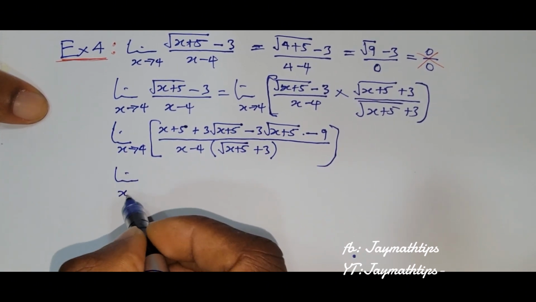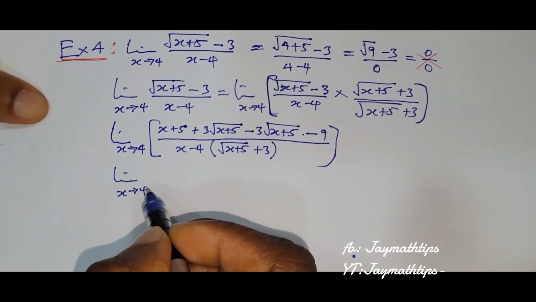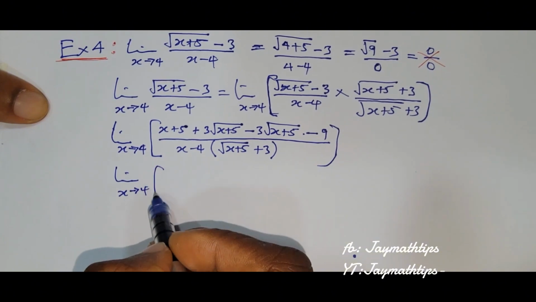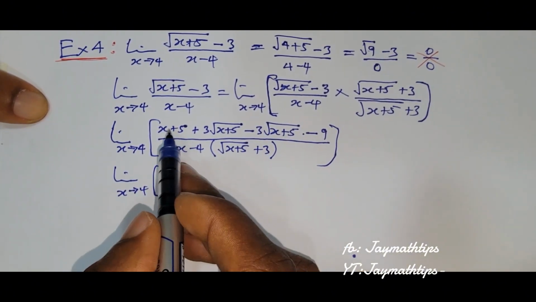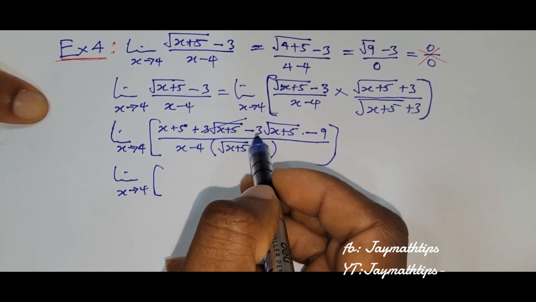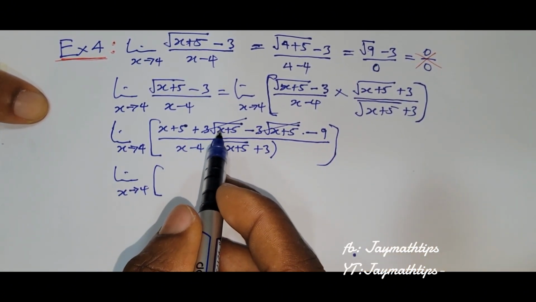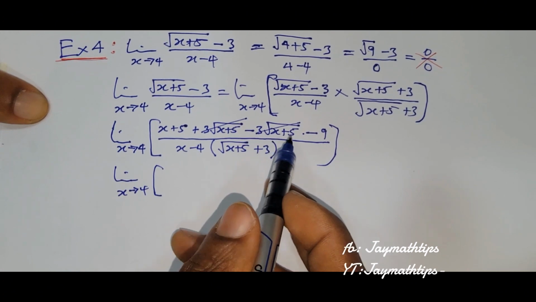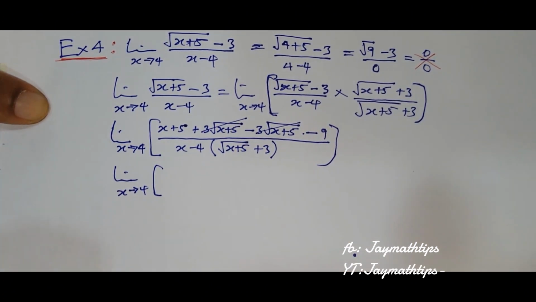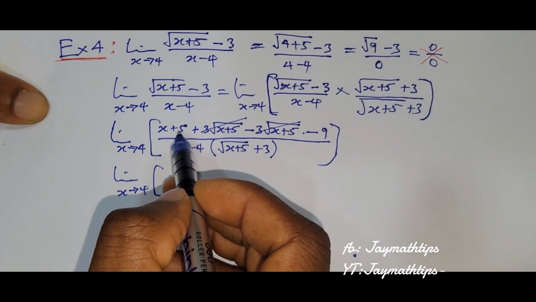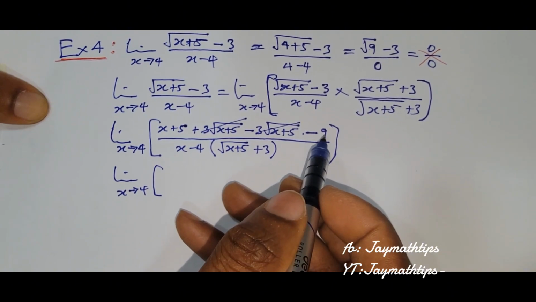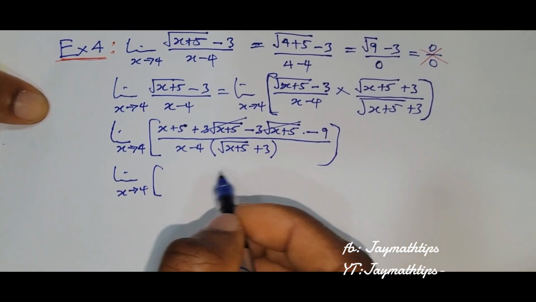You write your limit as x approaches 4. We are not done simplifying, so here we'll cancel out because 3 root x plus 5 minus 3 root x plus 5 is 0. And x plus 5 minus 9 is x minus 4.